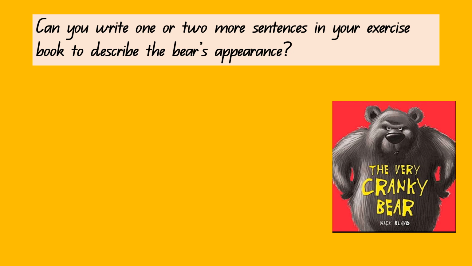Now it's your turn. Can you write one or two more sentences in your exercise book to describe the bear's appearance? You might write about his hairy body. You might write about his sharp claws. You might write about his frowning eyes or his big black nose.